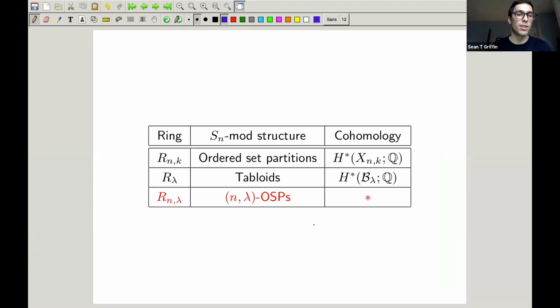Okay, so those are our three rings. And let me address the star briefly. Is there a cohomology ring for the ring R_{n,lambda}? So this is work in progress with Levinson and Wu.